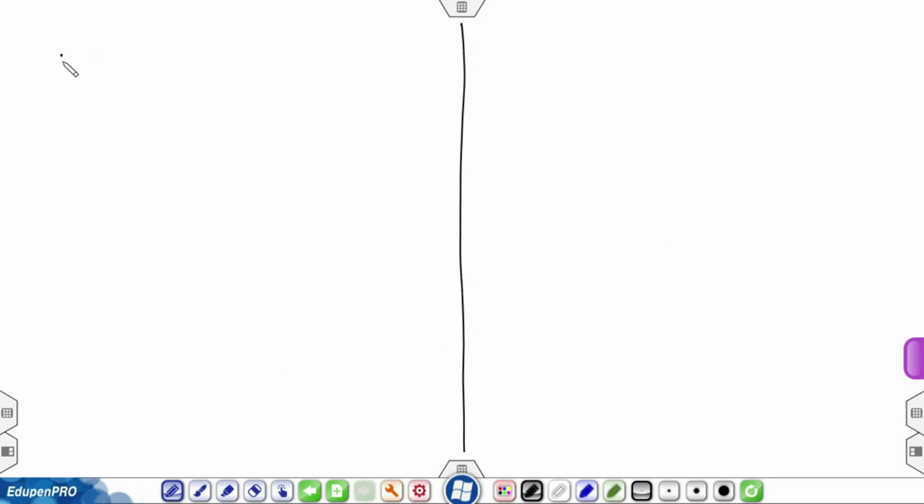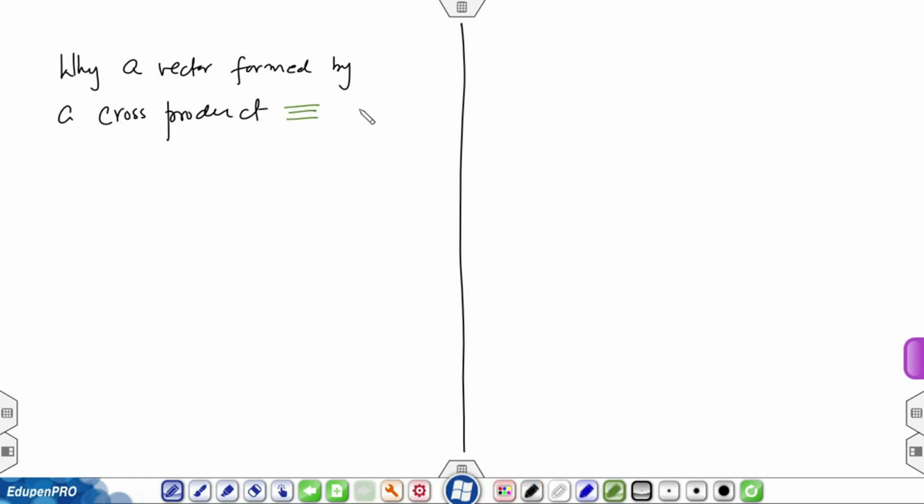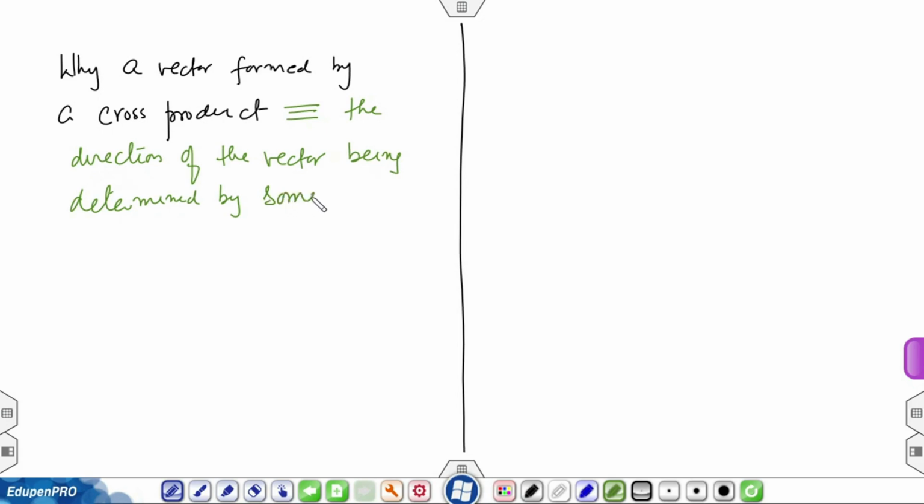So, let us understand why a vector formed by a cross product, and now I will write what this is equivalent to. This is equivalent to the direction of the vector being determined by some sort of rotation.